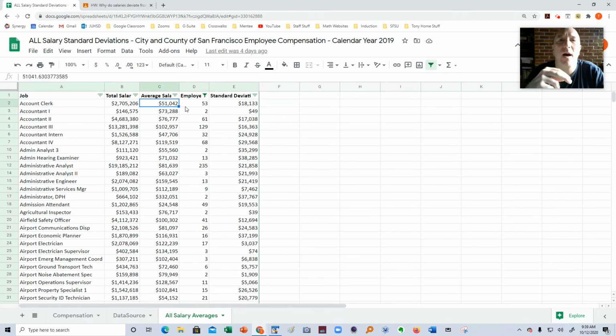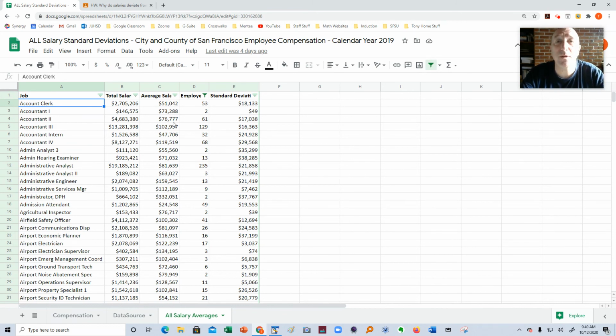Once you have found these two jobs that have very similar average salaries but different standard deviations, take each of those jobs and go research them on the compensation page. In other words, go find all the account clerks and take a look at their individual salaries for all the, in this case, 53 workers. And when you find that other job that has a similar salary to $51,042, let's say it was $50,000, that would be considered very similar.